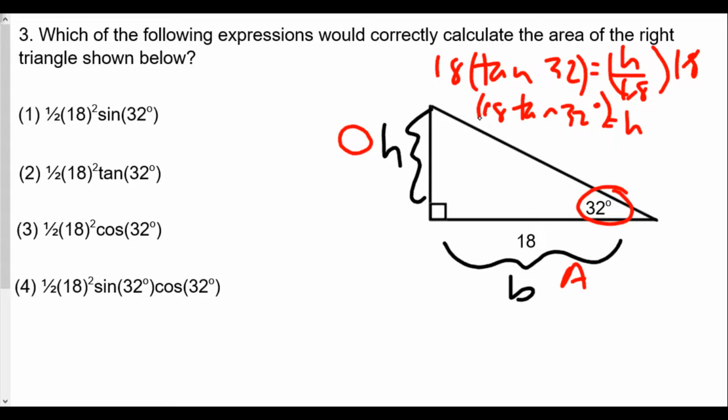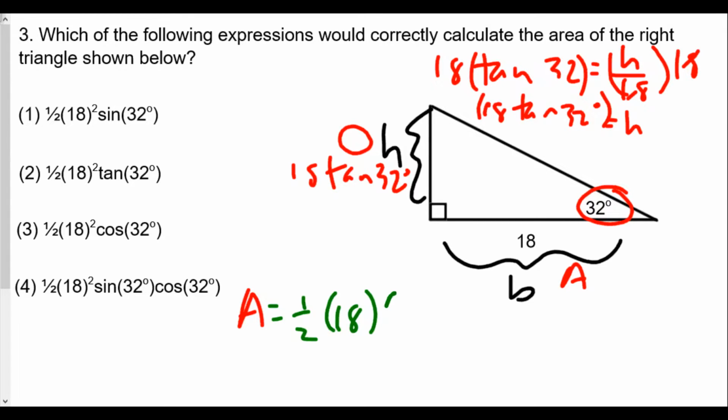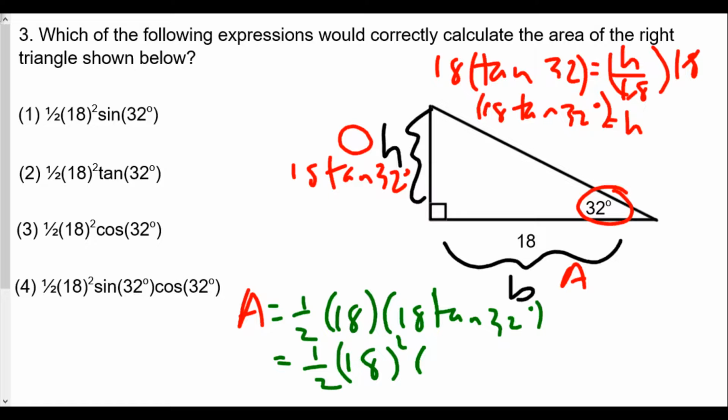So this here, 18 tan of 32 degrees, is our height, and therefore using our formula for the area of a triangle, area is equal to 1/2, the base is 18, and then the height is going to be 18 times tan of 32 degrees. Well, combined together, it's 1/2 times 18 squared times the tan of 32 degrees.